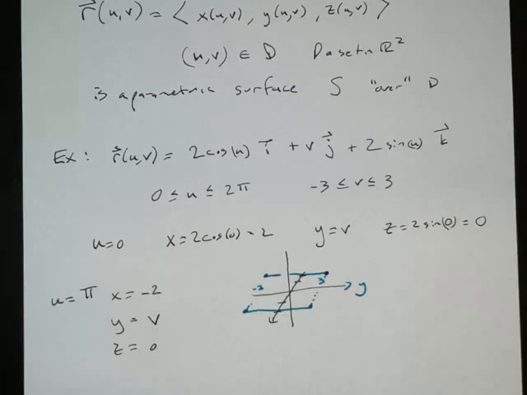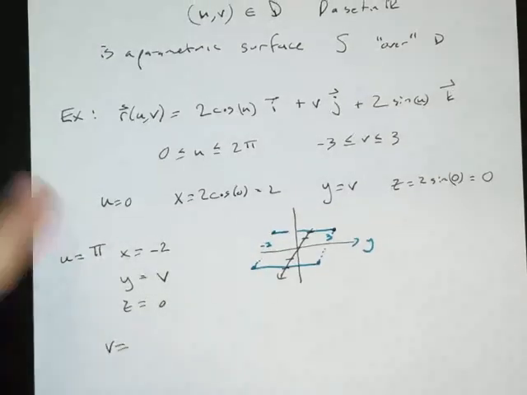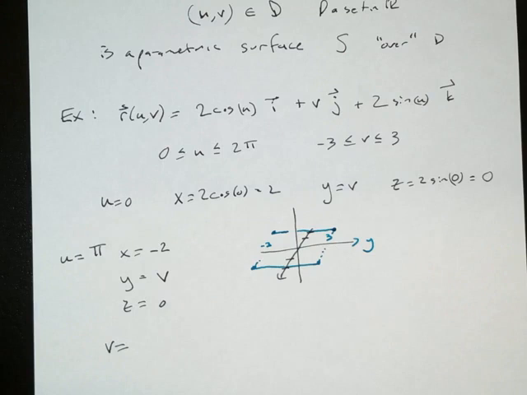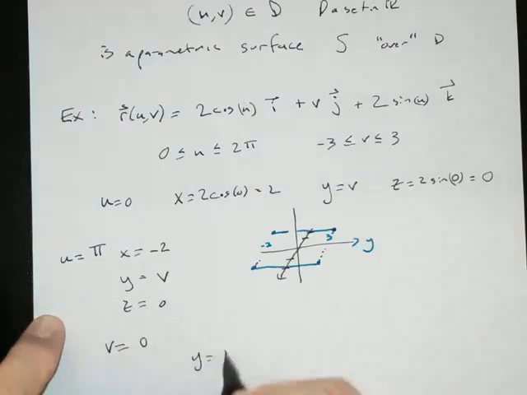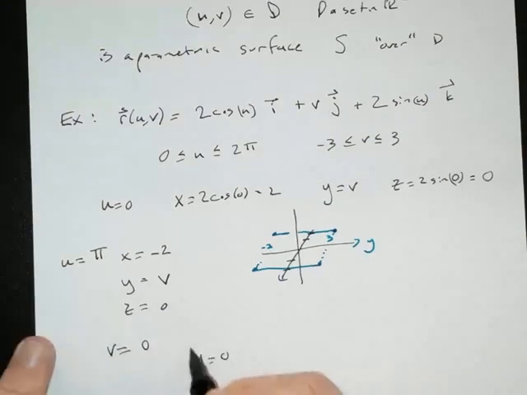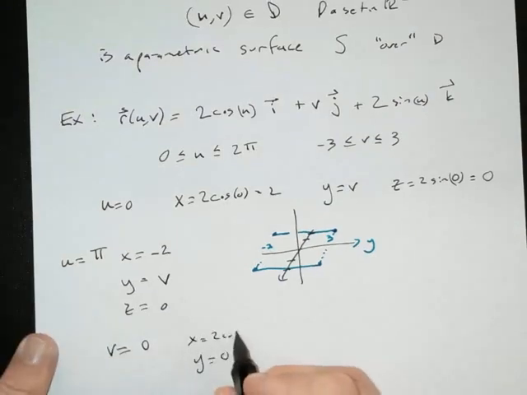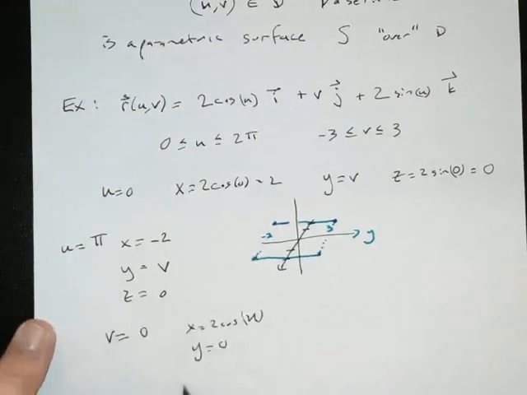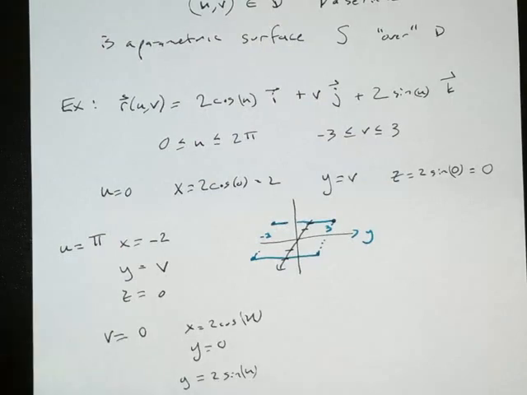What happens if I fix v? Pick a value for v. Let's pick the easiest one I can get away with. What if v is 0? Well, if v is 0, then y is 0. But that means that x is 2 cosine of u, and z is 2 sine of u. Okay, wait a second.